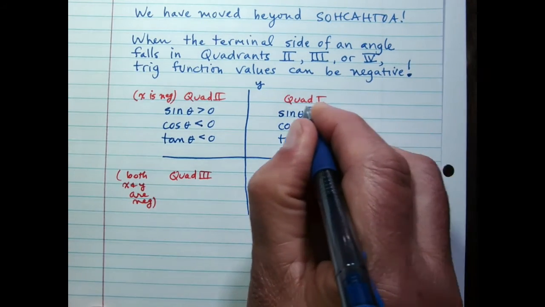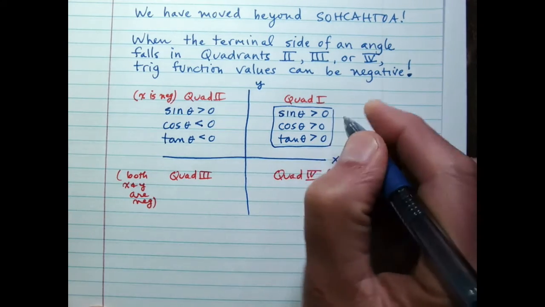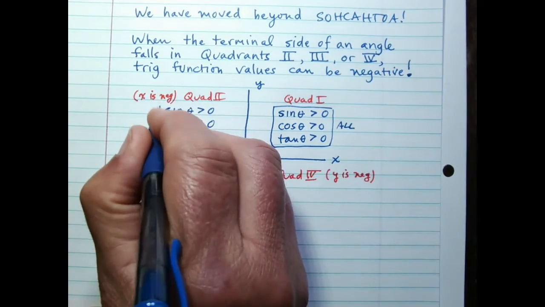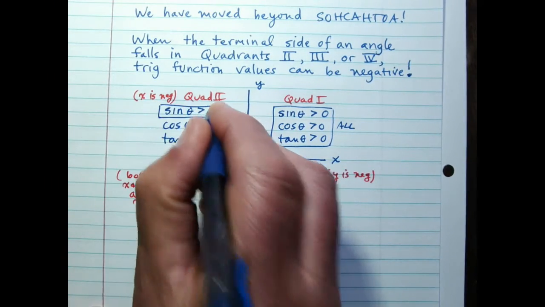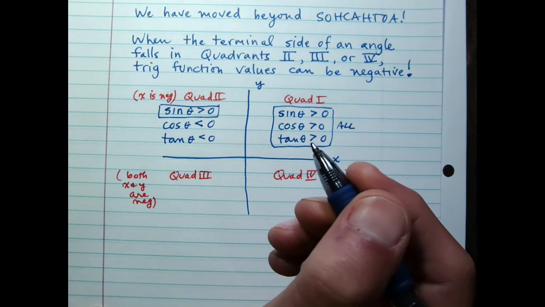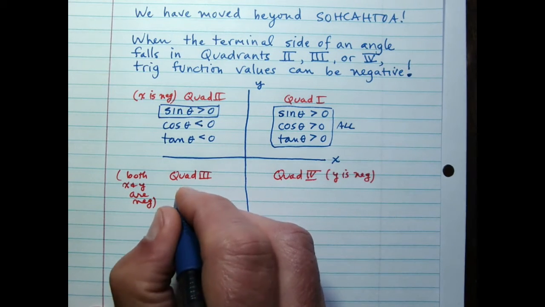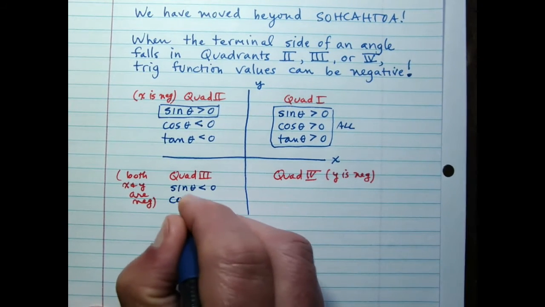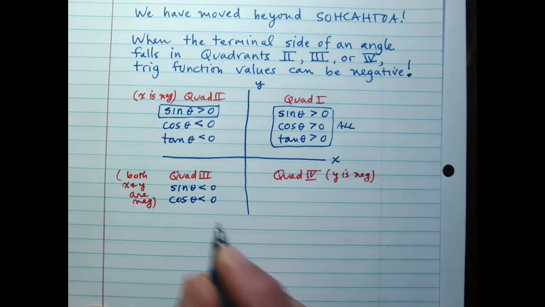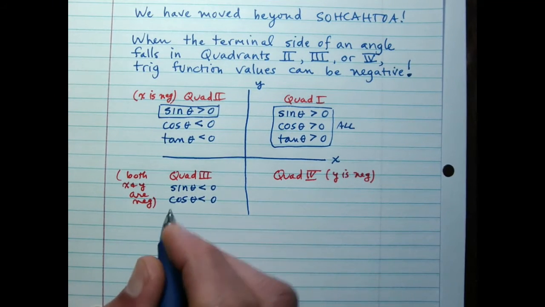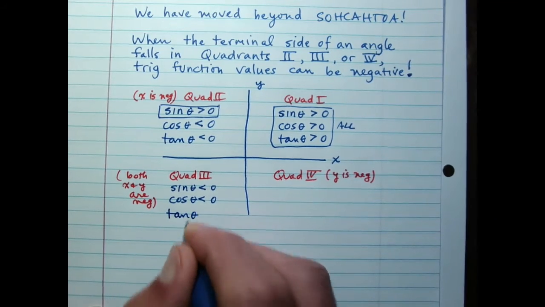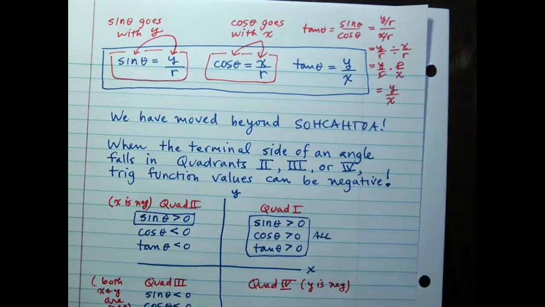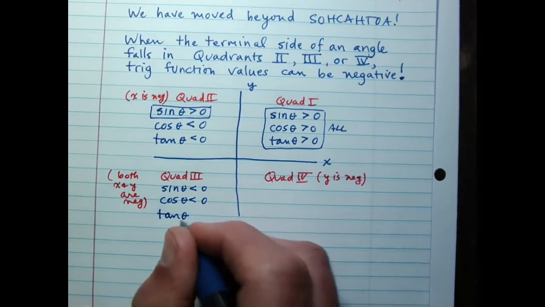So while all trig functions are positive in quadrant 1, in quadrant 2, of the three, sine, cosine, and tangent, only sine is positive. In quadrant 3, sine is going to be negative. Cosine is also going to be negative because x and y are both negative. But tangent, because it's y divided by x, a negative divided by a negative, will be positive.